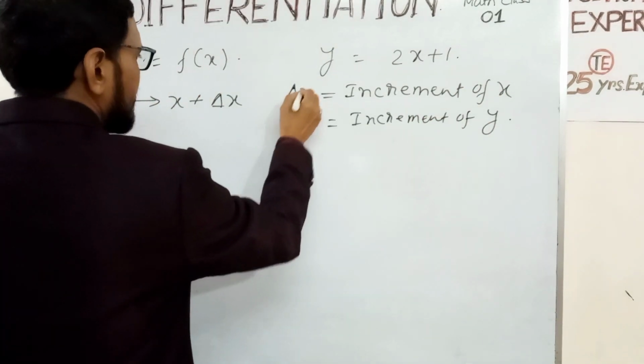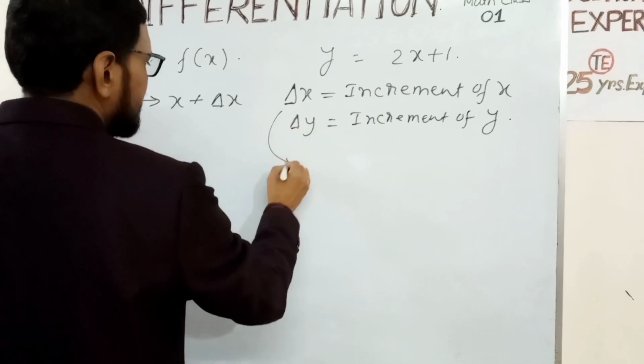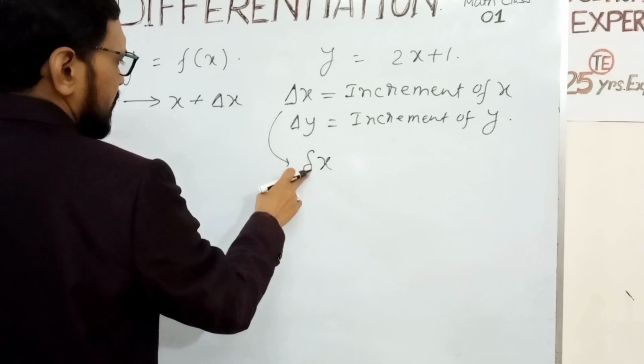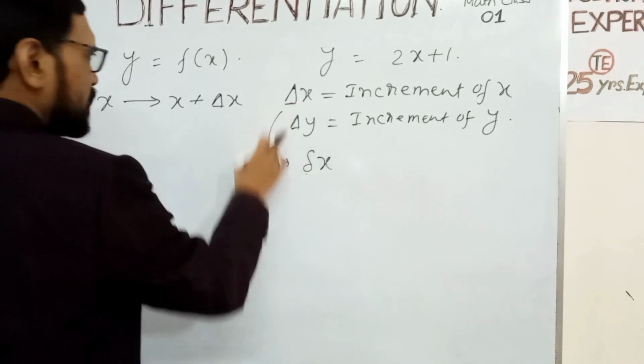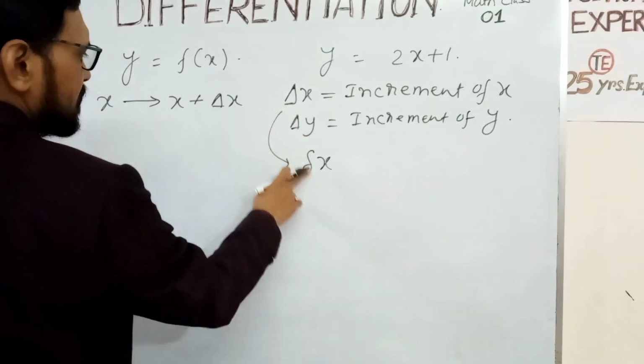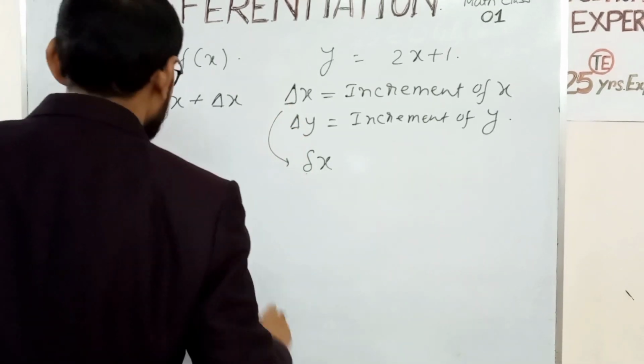Delta x in capital form, or sometimes it is written in small form; both meanings are the same. Increment of x is denoted by delta x in this form or this form.